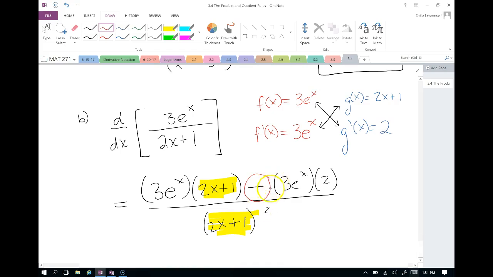And you can only cancel between the numerator and the denominator if that factor can be pulled out of the entire numerator. And 2x plus 1 can't be pulled out of the entire numerator. It's only a piece of one of the terms. So do not cancel that 2x plus 1.